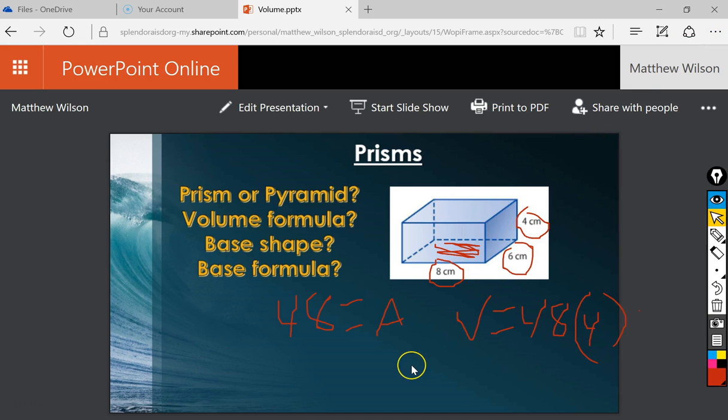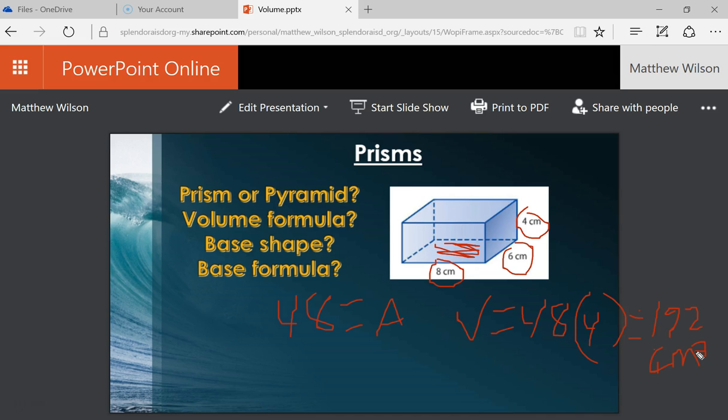So 48 times 4 just equals 192. And that's going to be centimeters cubed. That's a heck of a 3 right there, ain't it? But that's how you solve for it.